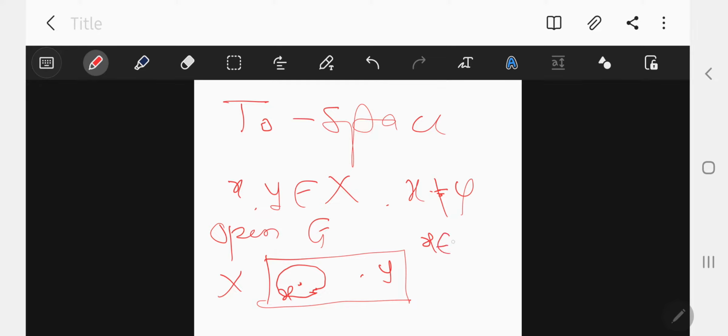That is, x belongs to G but y does not belong to G. Then this X is called T0 space.